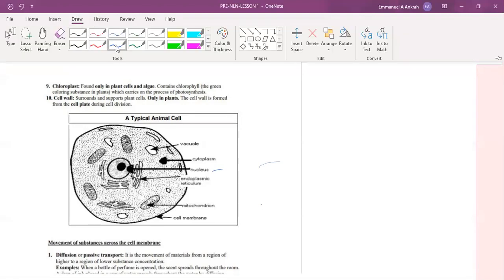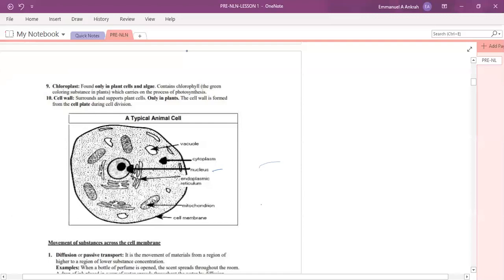Just a second again. Okay, let's go on. I'll try and fix this as we go. I wanted to write a little bit.